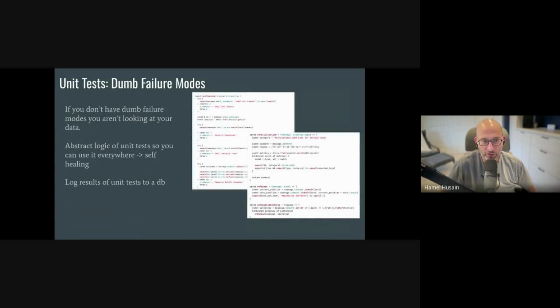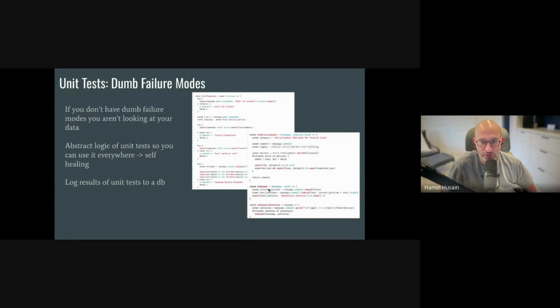Oh yeah, and another thing: another very uncool thing is to write lots of unit tests. What does that mean? It means dumb failure modes that you can write assertions for.